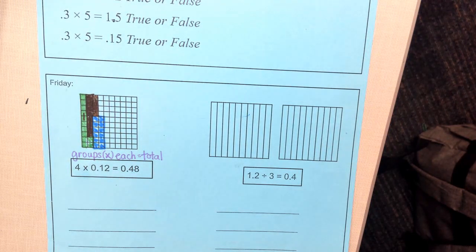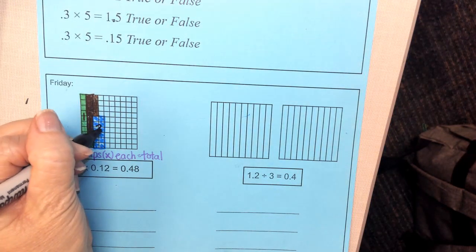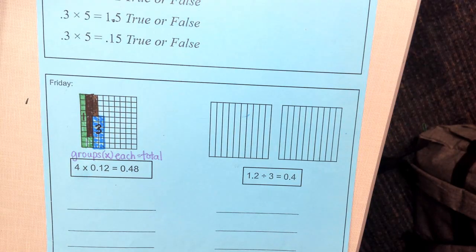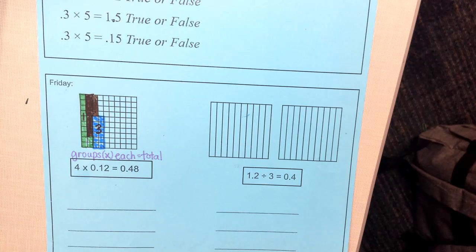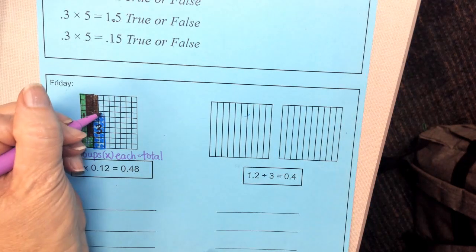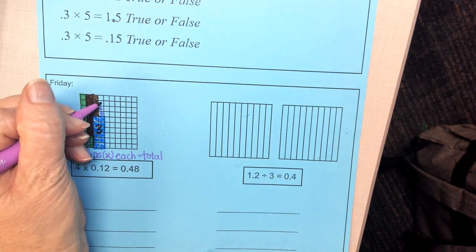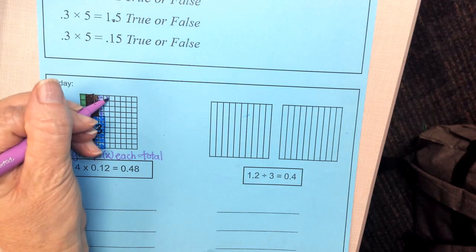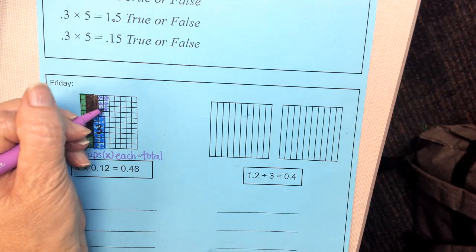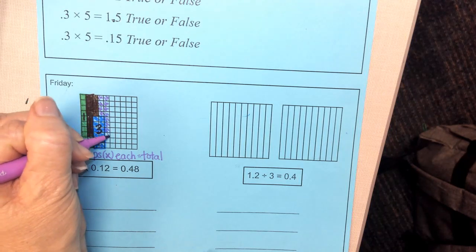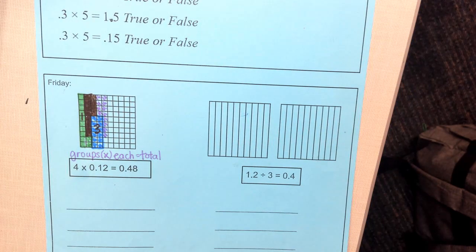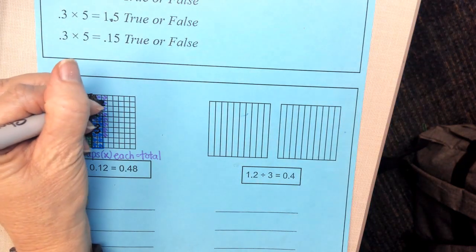That makes my third group. I need 4, so I'm going to do that one more time. 1, 2, 3, 4, 5, 6, 7, 8, 9, 10, 11, 12. And that's going to be my 4th group.